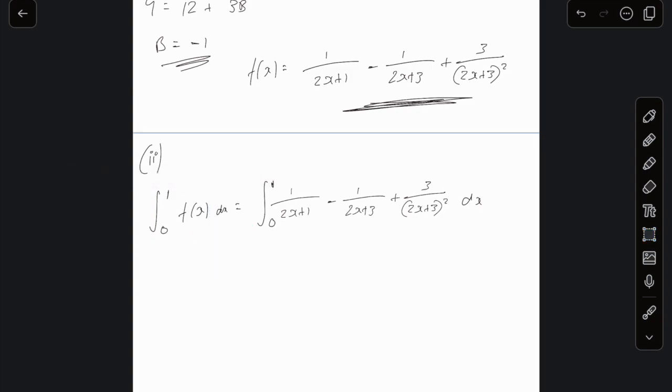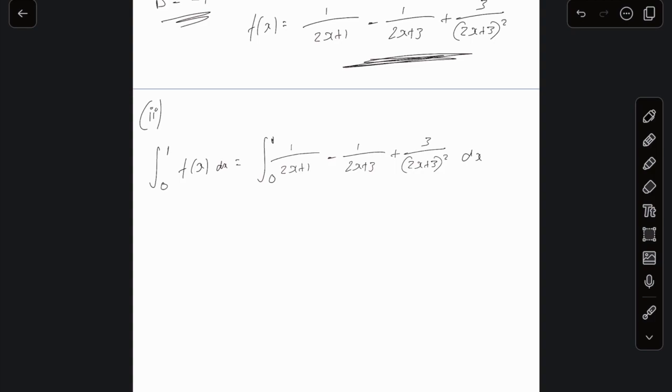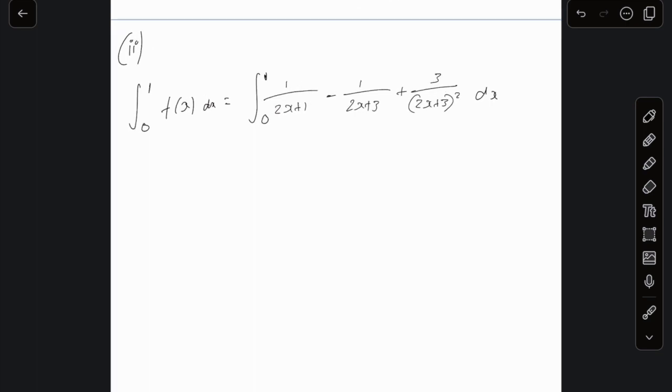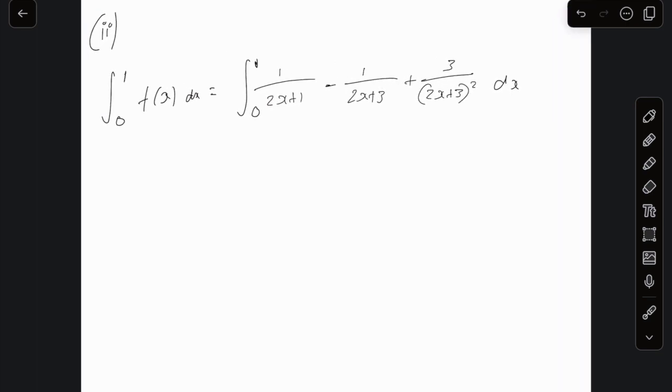Okay. Which is going to give me what, guys? Well, firstly, actually, what we need to recognize here is we need to get this in the form of f dash of x over f of x. Okay.